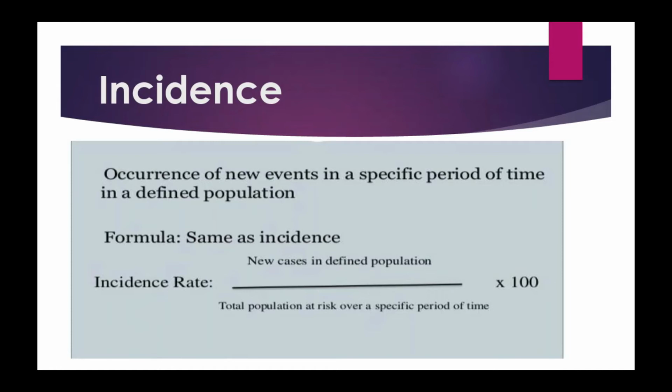Incidence mainly focuses on the new cases occurring in a defined population in a specific time period. So the time period is specific, the population is specific, and the cases are new. These three terms we can get from the definition of incidence.